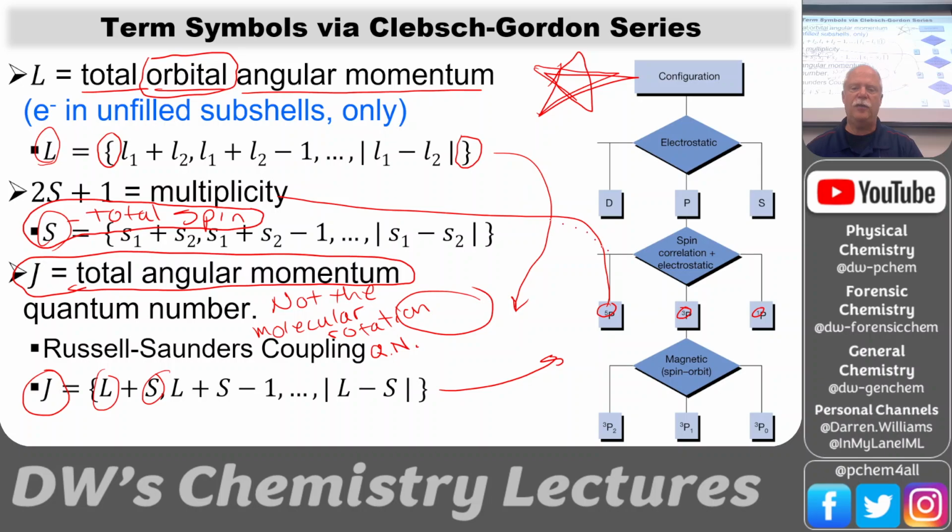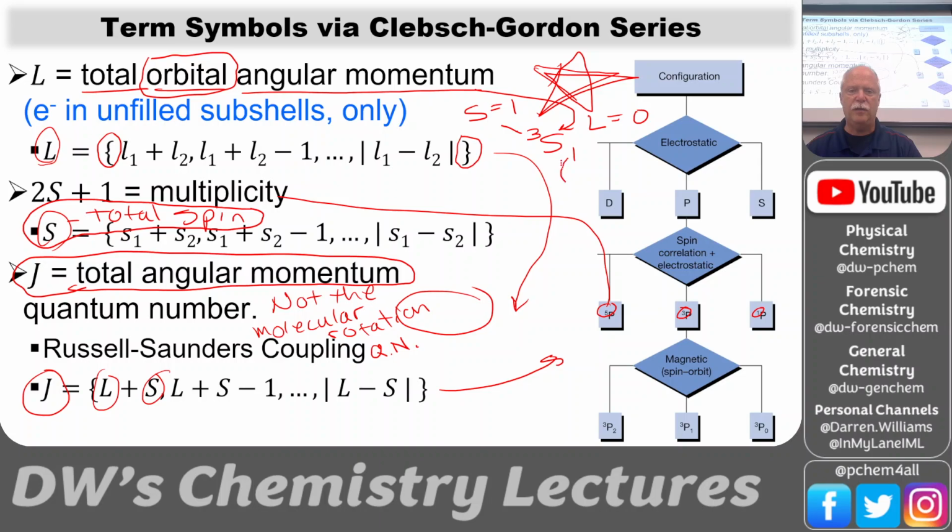If I ask for the total orbital angular momentum of a triplet S1, the total orbital angular momentum of this S right here is equal to 0. Capital L equals 0. If it's a triplet state, capital S equals 1.